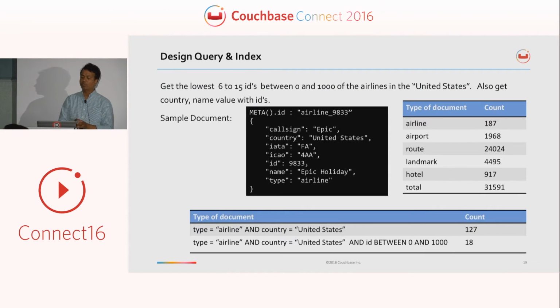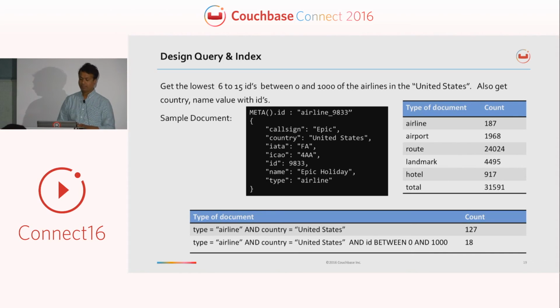We have an airline document which has a few key value pairs. So this is not so different from a simple relational row. Now this document is of type airline, right?